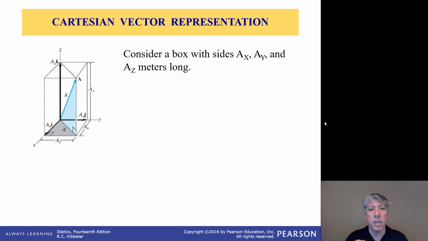In other words, another way to look at vectors is to think of it as walking along a path. So if you start at the origin, in this case, and you walk out ax distance along the x-axis, in other words, aligned with the i unit vector, and then you walk up by az height, you will be in the xz plane. Please follow me here. You'll be in the xz plane at the upper left corner of this box.